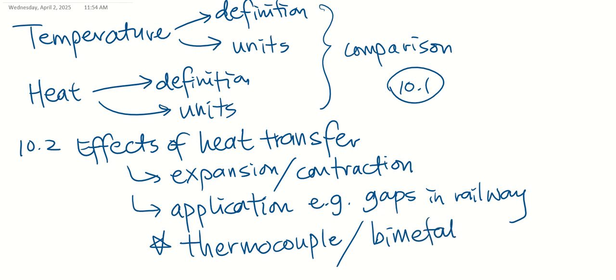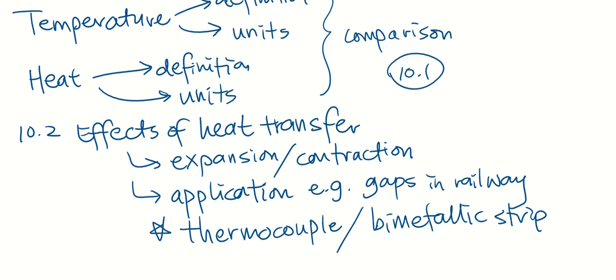It is actually called a bimetallic strip. The bimetallic strip is very important. I think usually teachers will set 2 or 3 marks question for this. They'll ask you, hey, what is a bimetallic strip and how does it work? Then they may give you a circuit which it will help to actually turn on or off the circuit.